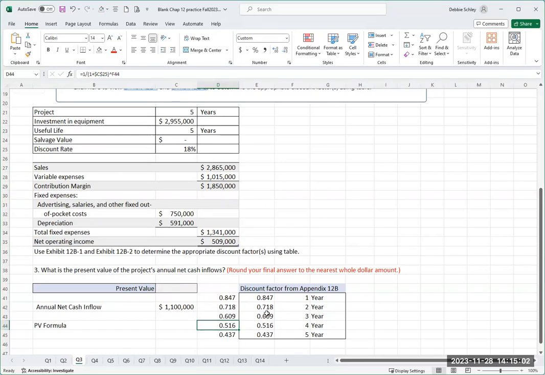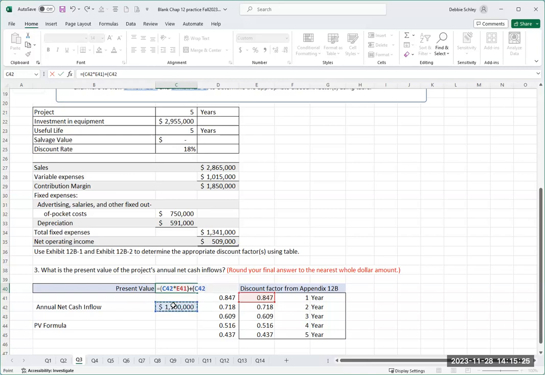But when I do this, I'm going to use the one that's hard input, and I'll show you why in a minute. So the present value is simply going to be equal to parentheses, the cash inflow times the discount factor, close parentheses, plus open parentheses. And I'm just going to reference that inflow each year.